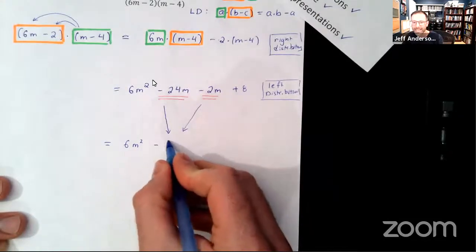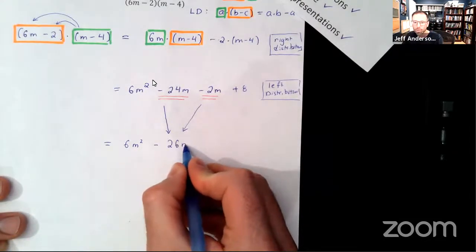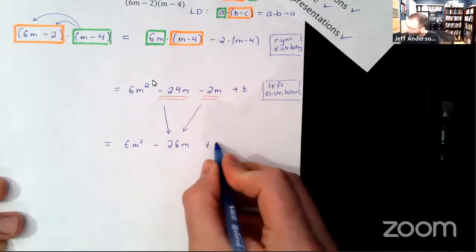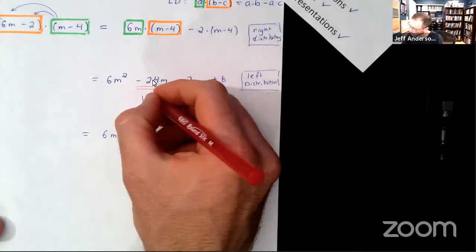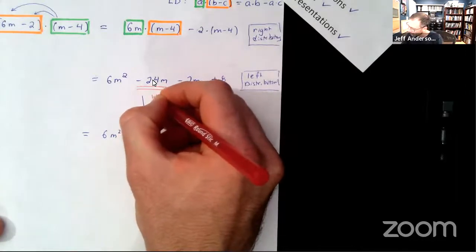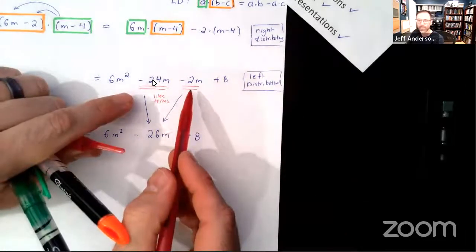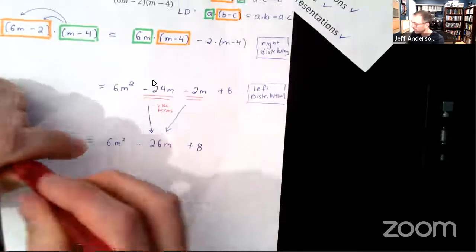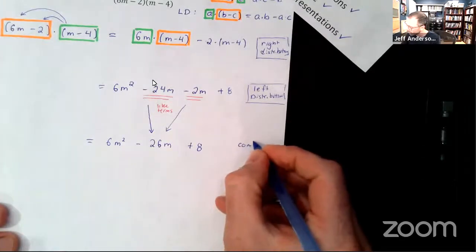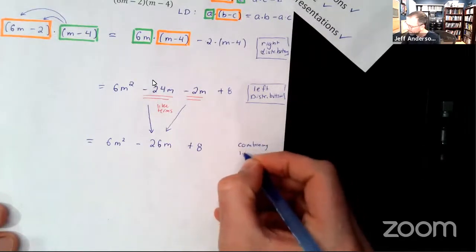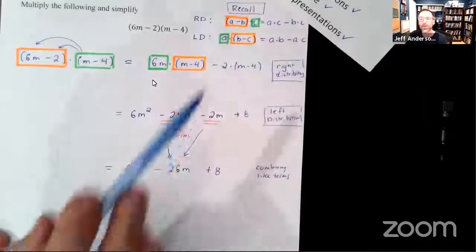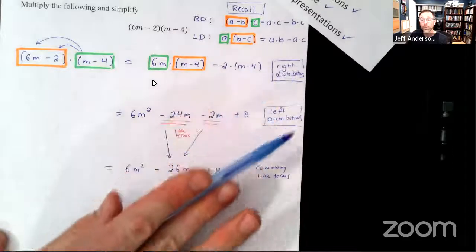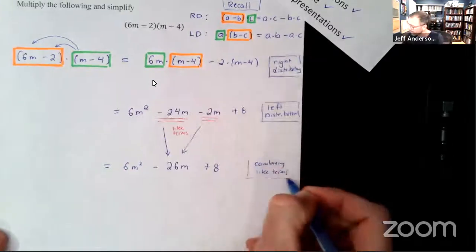So in other words, negative 26m plus 8. And these two things were called like terms. And what do we do with the like terms? We combine those together. So this was combining like terms. That's the nerdy way to talk about that. So notice we're going real slow through the different parts of this process.